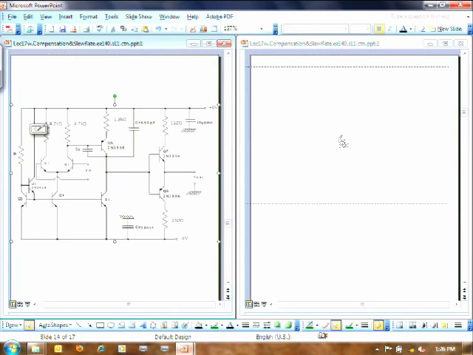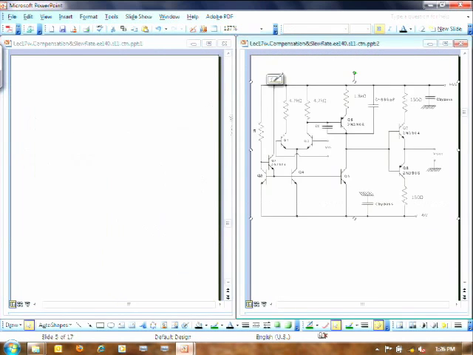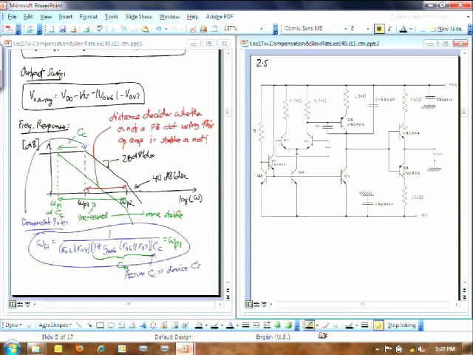Okay, so this is your lab op amp here, and it is a two-stage bipolar op amp. And just to make sure you recognize it, it's your lab.